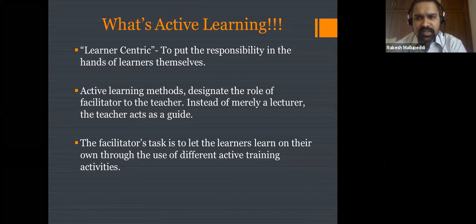So not only teaching, but there should be certain activeness from the student that we need to impart, so that he is learning through his own motivation. That's what active learning is.